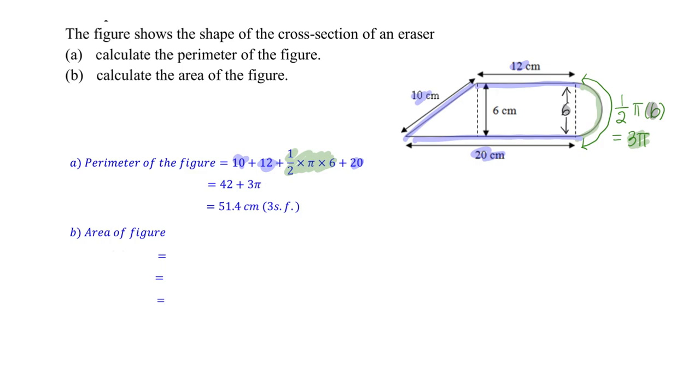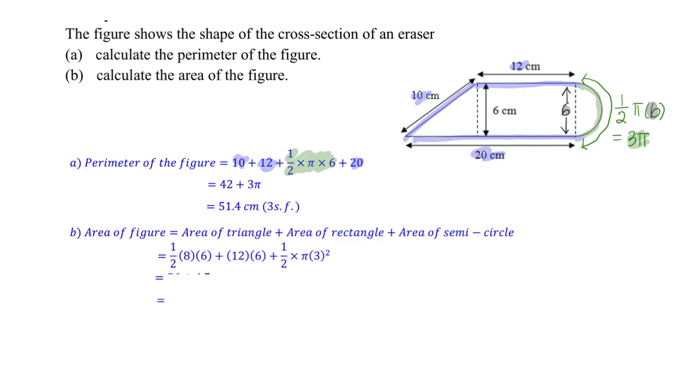Well, for the area of the figure, as mentioned, you can either look at it as a trapezium plus semicircle, or a triangle, rectangle and semicircle. Mr. Tan is going to approach this as triangle, rectangle and semicircle.